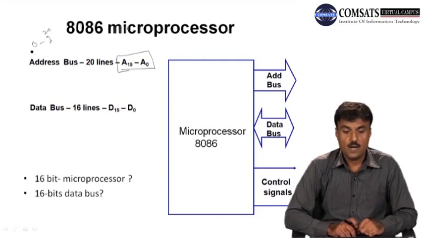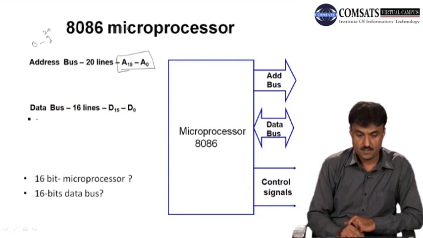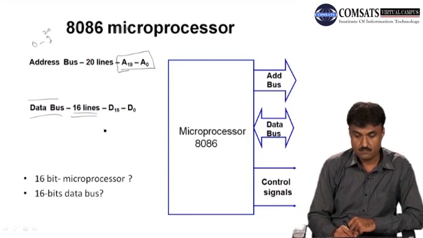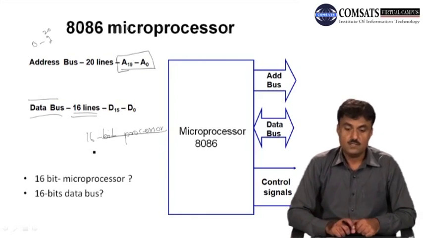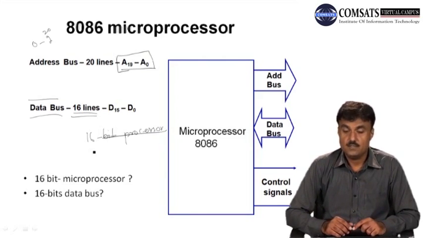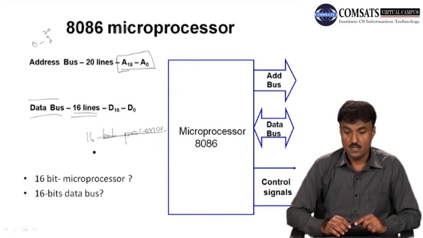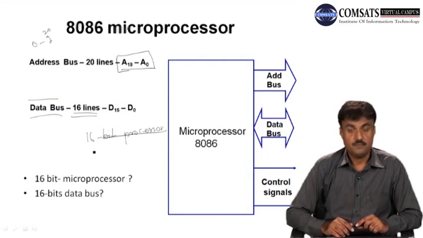So the address bus is 20 lines, and we have a data bus. The data bus is 16 lines. This is the reason we call them 16-bit processors. The lines in the data bus go from D0 to D15.